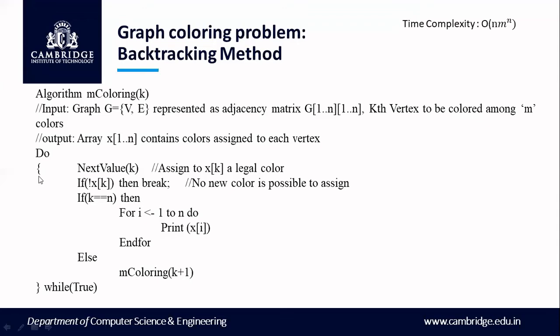We call once again recursively and try to color. This keeps on happening until we don't find any more solutions. When x of k is unable to assign any color, it comes out of the loop. So this loop is an infinite loop, finding all possible combinations of coloring. Fine, it is simple.